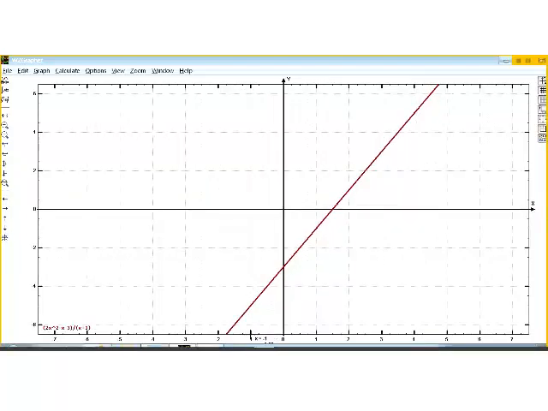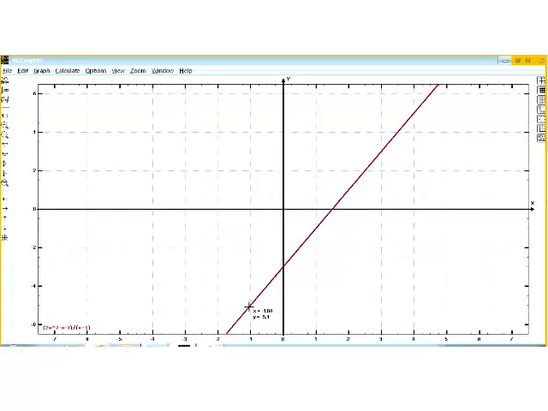And you can see that at x equals negative 1, which is right here, you come down and you get y equal to negative 5. So the function does not exist at this point, right here, but the limit does exist, because if you come from the left-hand side, you approach negative 5. And if you come from the right-hand side of negative 1, you approach negative 5 as well.